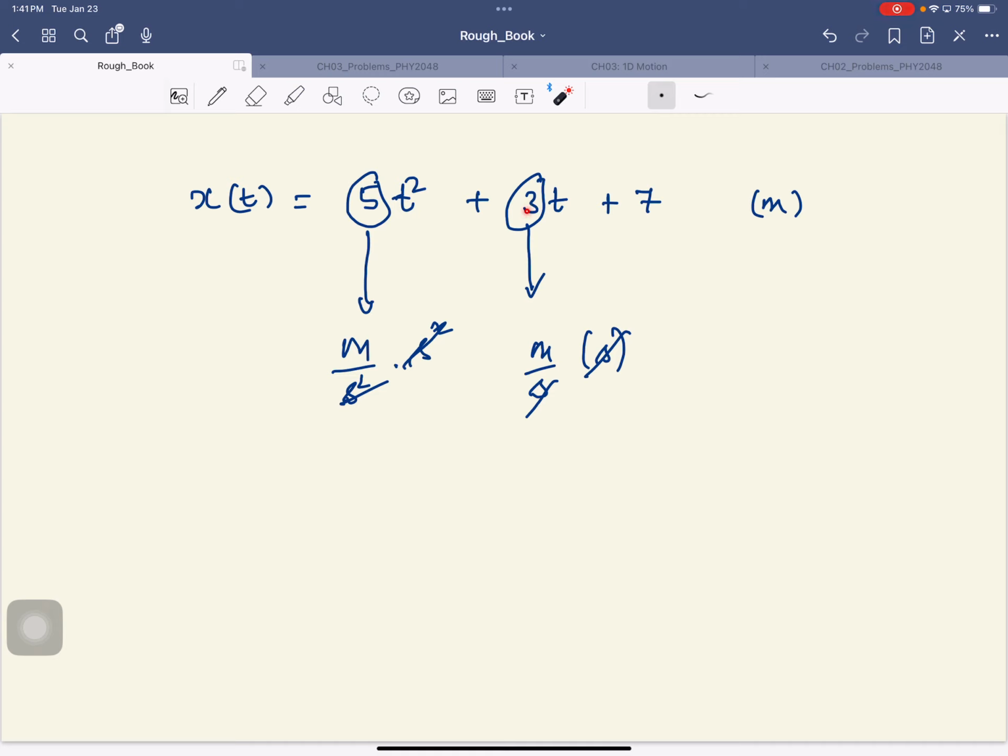This guy has units of velocity. And this guy has units of distance, that's in meters. So you have to be aware of that. Did you guys understand that? Everybody understand that? Okay.